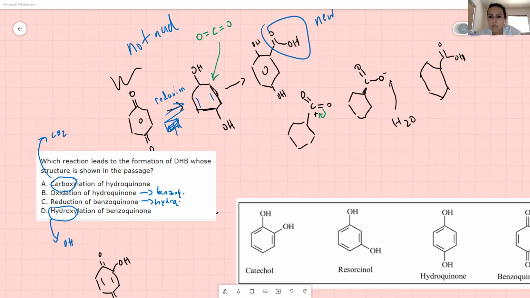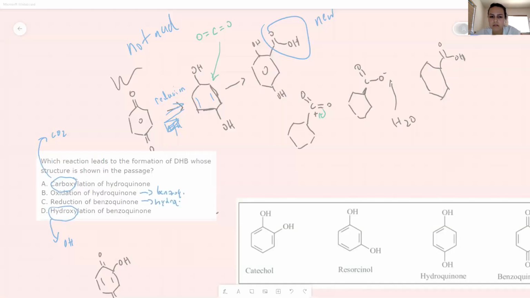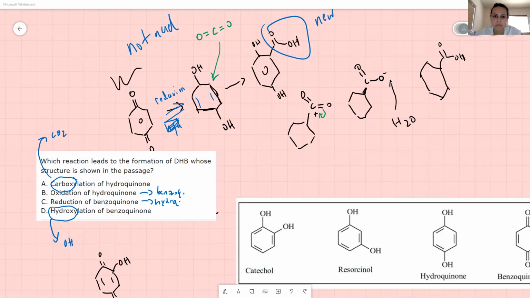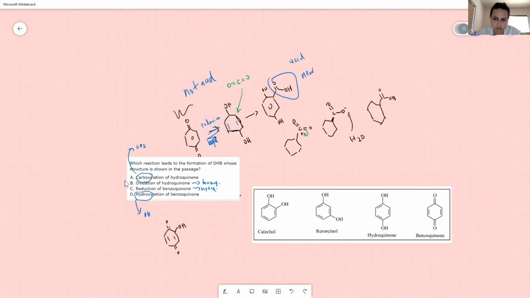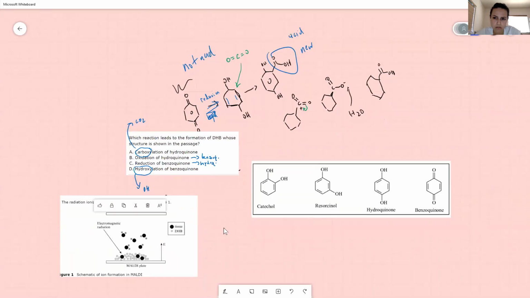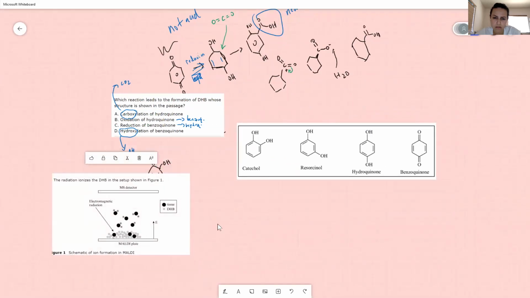So it's asking what feature of this whole technique is allowing the tissue particles to separate into ions and attach to the DHB molecules. Is that the question? It's basically asking why does this work?